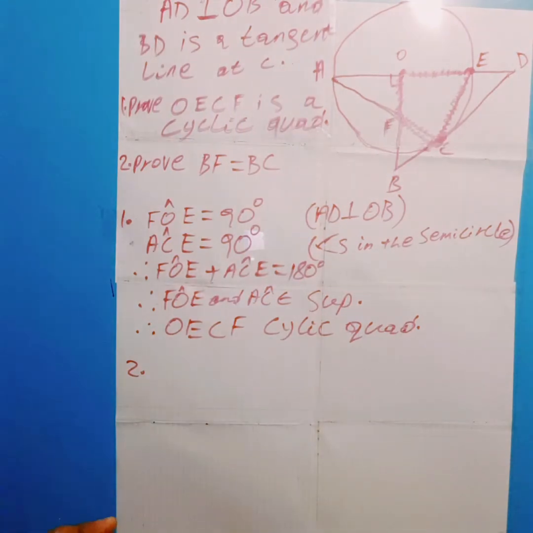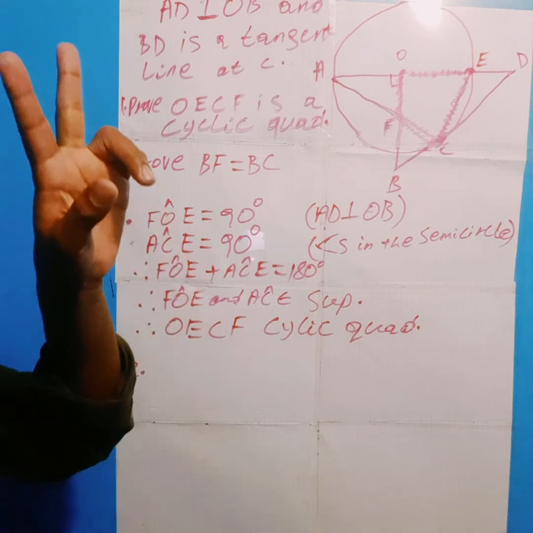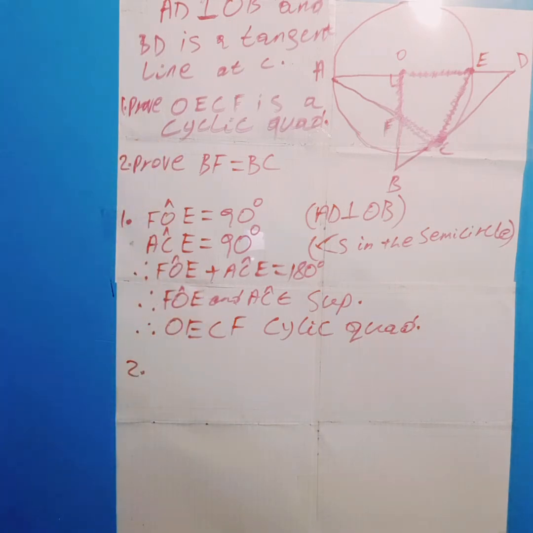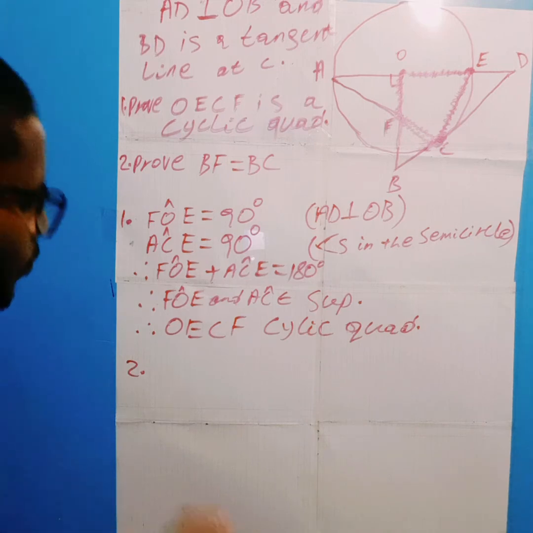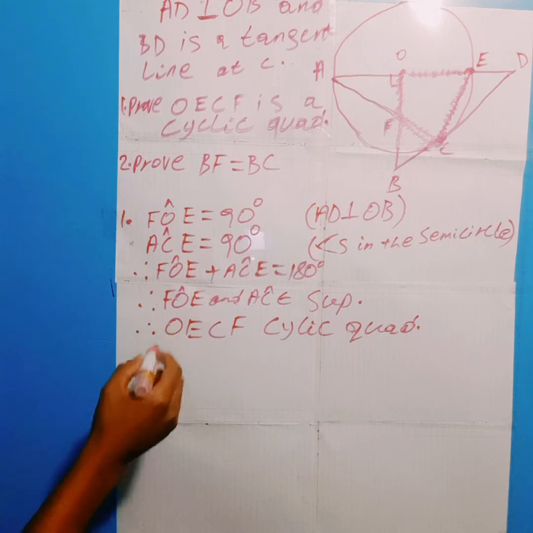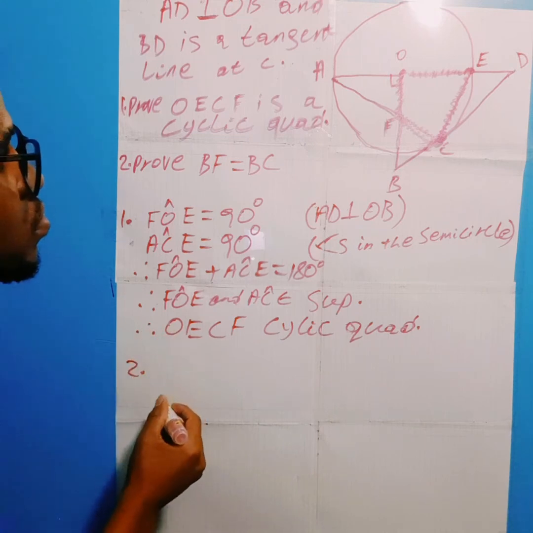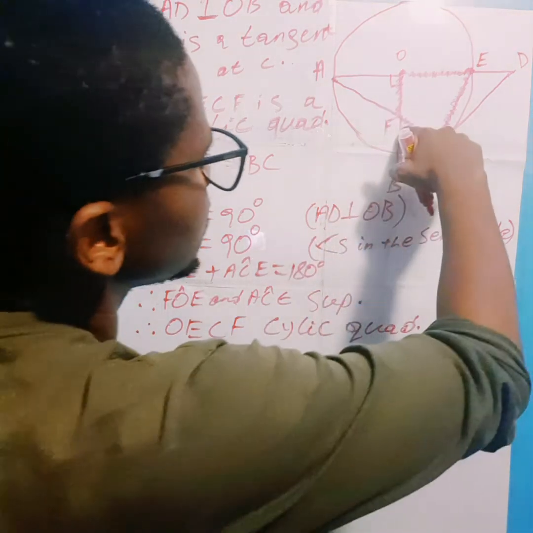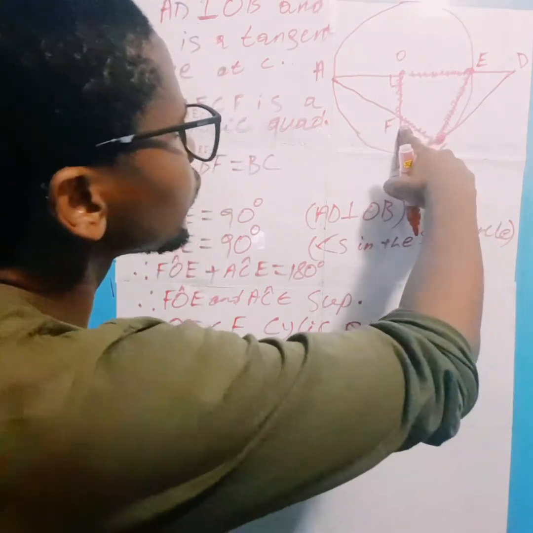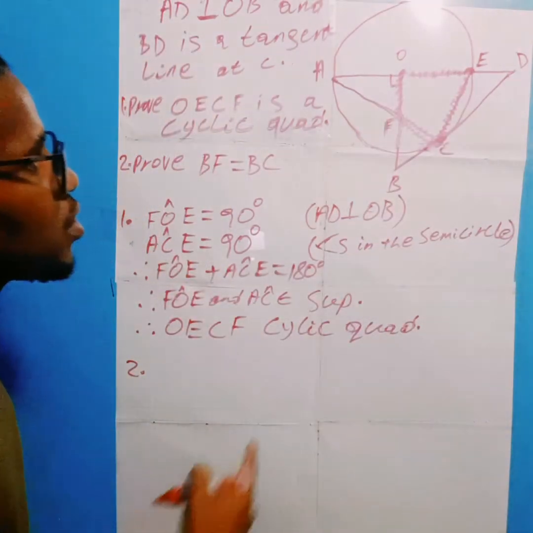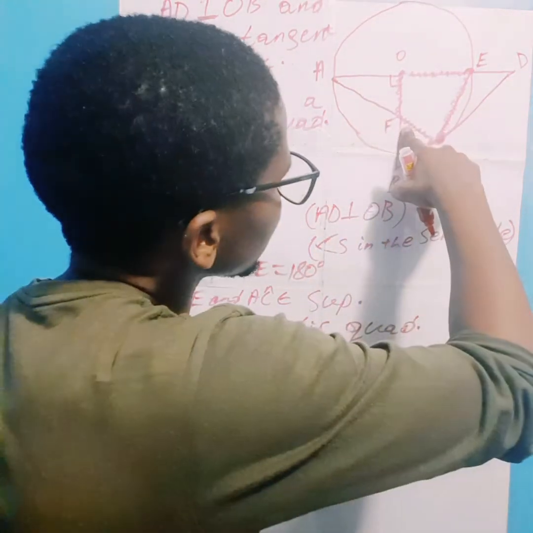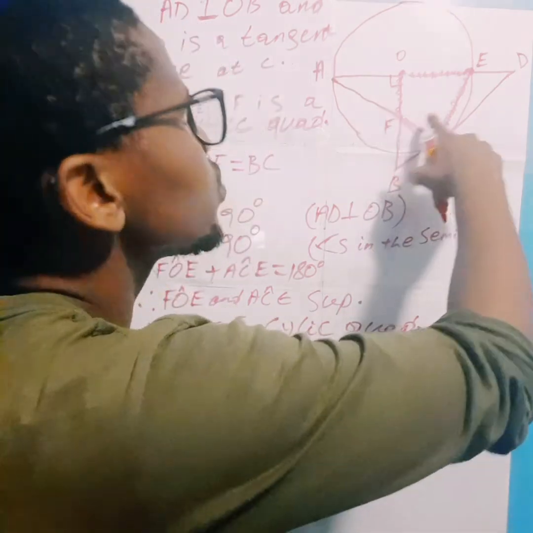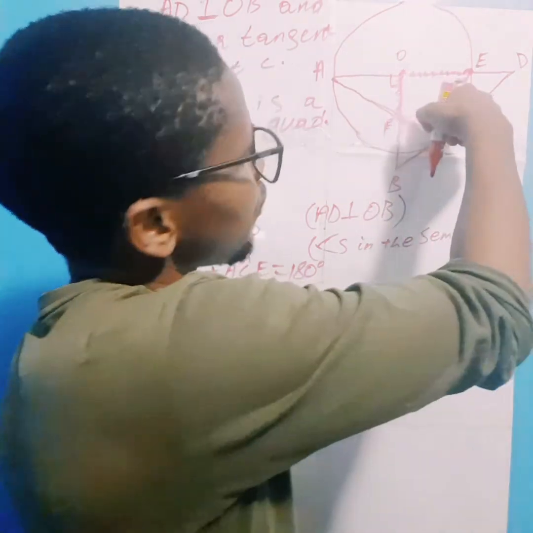You know the base angles of an isosceles triangle are equal and the two sides are also equal. Okay. All right. So you know this is the exterior angle of this cycle quad. So this exterior angle is equal to that interior angle over there.